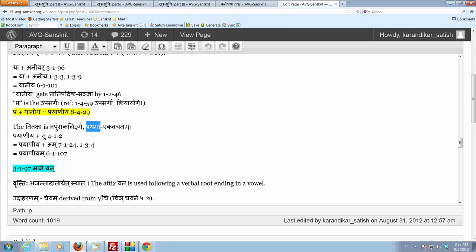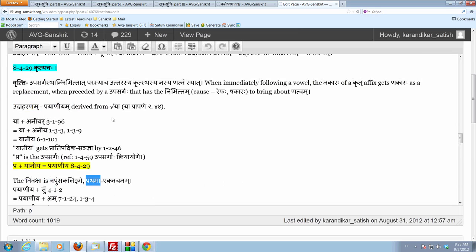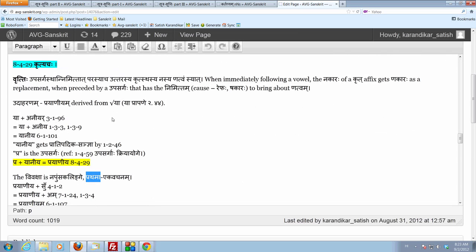and here we're looking at prathama vibhakti ekavachanam. So one more time, 8429 is a sutram which prescribes a natva adesha in place of a nakara as long as the nakara is part of a krit pratyaha, if the nakara is immediately following a vowel, and there is an upasarga, of course, prior to the dhatuho, which has a nimittam for natvam, which is a repha or the murdhanya shakara.